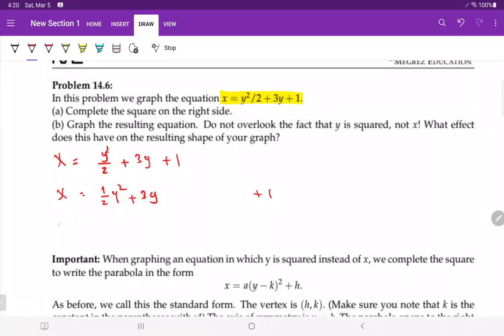So I'm going to pull half. I don't care pulling the half from here. Just we're gonna pull it from the first two terms, okay? So pull half out. When you pull the half out of the 3, you're gonna get 6y plus 1. Okay? Let me make space for myself.